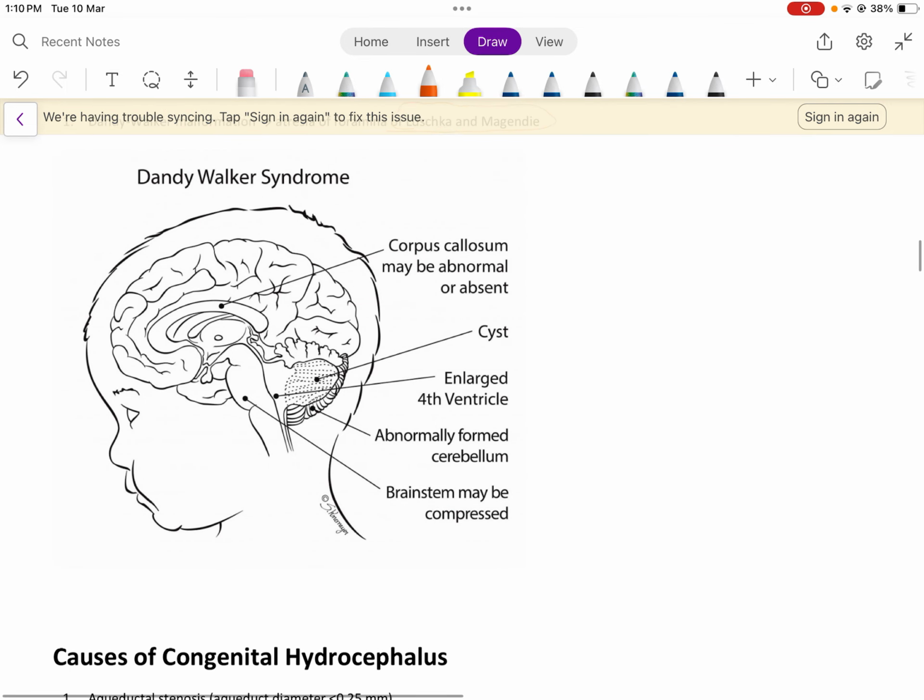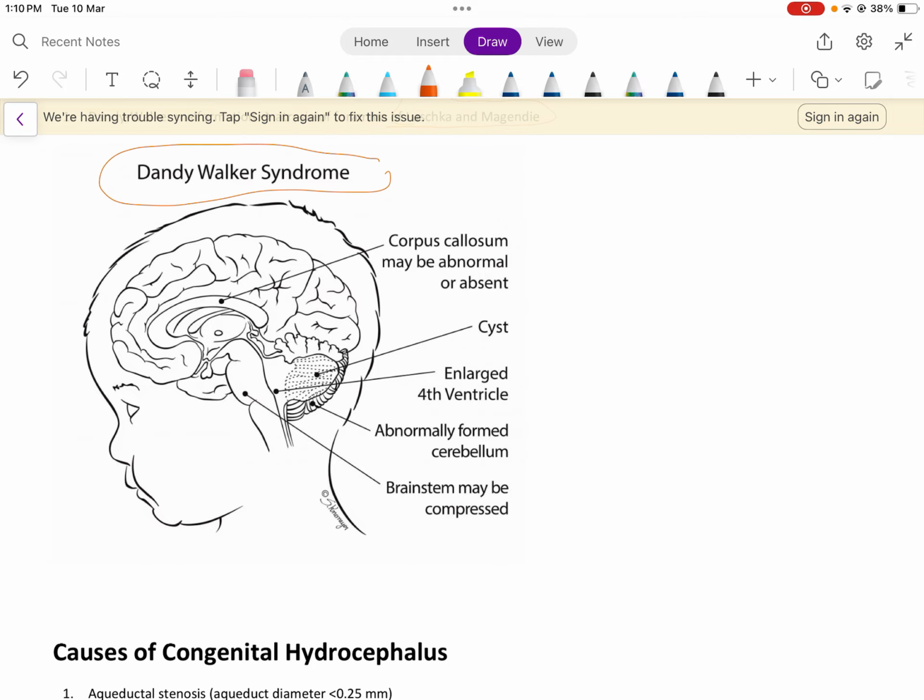Next, when you think of Dandy-Walker syndrome, these are a few points that I had just added. The corpus callosum may be abnormal or absent, that is, corpus callosal agenesis can be seen. You can have a cyst in the posterior fossa, and an enlarged fourth ventricle. Why?